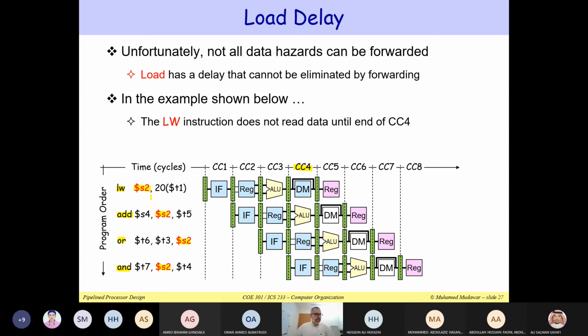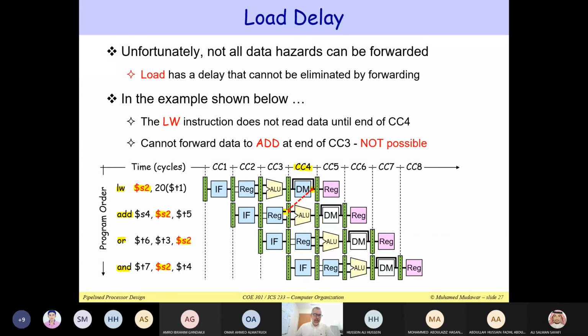Notice that we need the data at the end of clock cycle number 3 here. When we read from the register file, of course, the data is old. The value that we are reading from S2 in the register file is the old value of S2. But we need the value which is at the output of the data memory before we execute the add instruction.